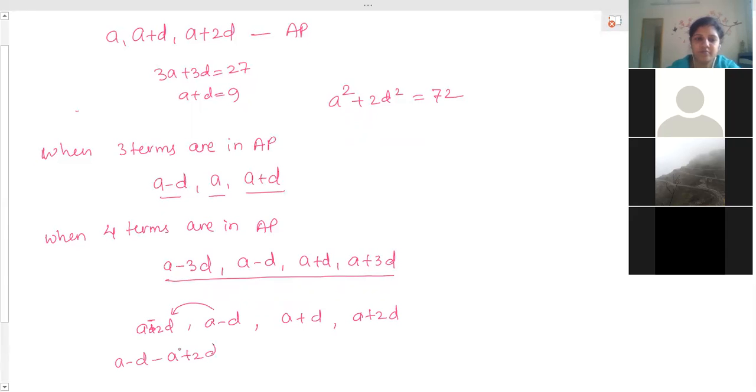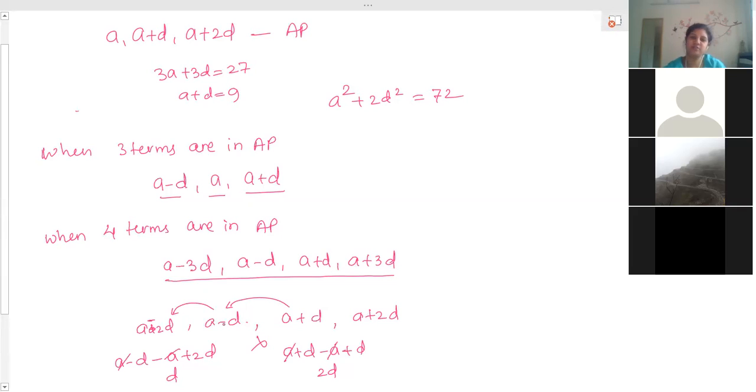Minus D, plus D. What is the difference between these two? Second term and third term, it's not 0. It's 2D. So this difference and this difference are not the same. We cannot consider it because these are not in AP.